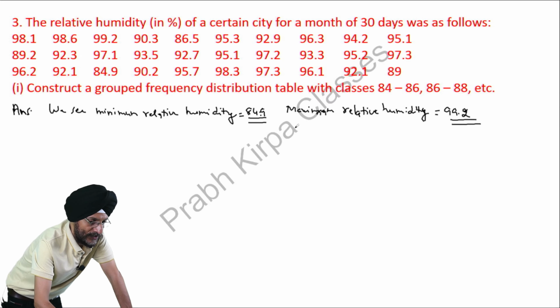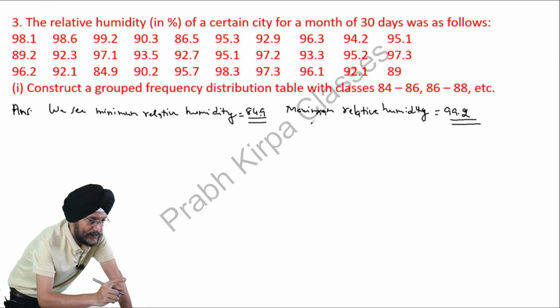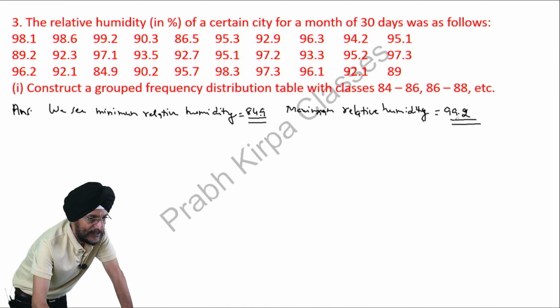So now we have to form the table which covers the minimum relative humidity as well as the maximum relative humidity.